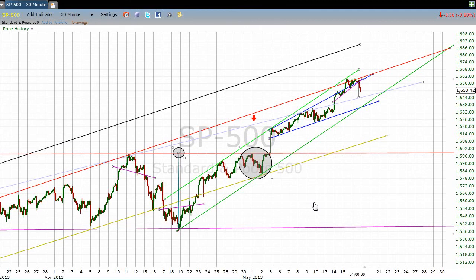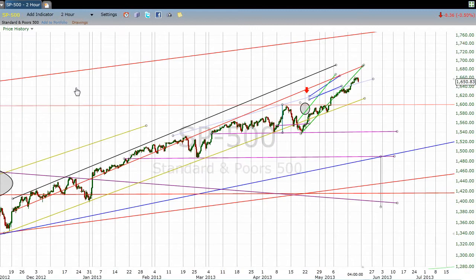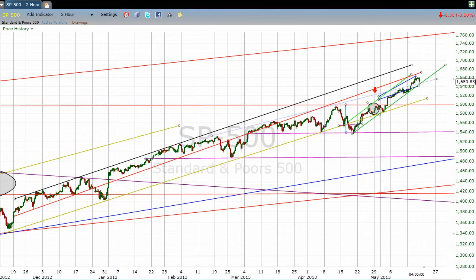But today we started out with the markets up. Now I think the Dow did pretty well due to Cisco, but we're looking at the S&P right now. I'll remind you that this red line moves around when I move in and out of some of these different time frames.